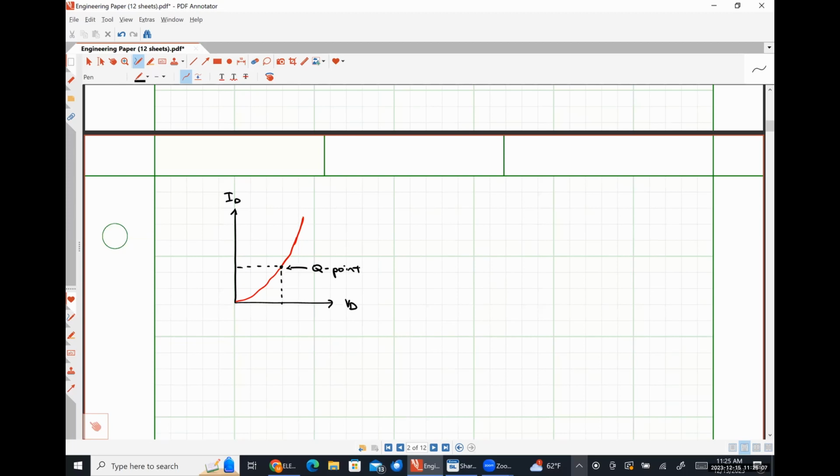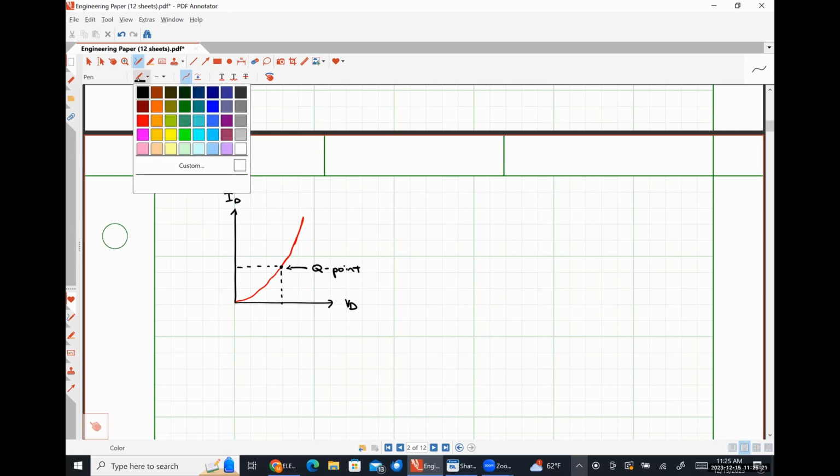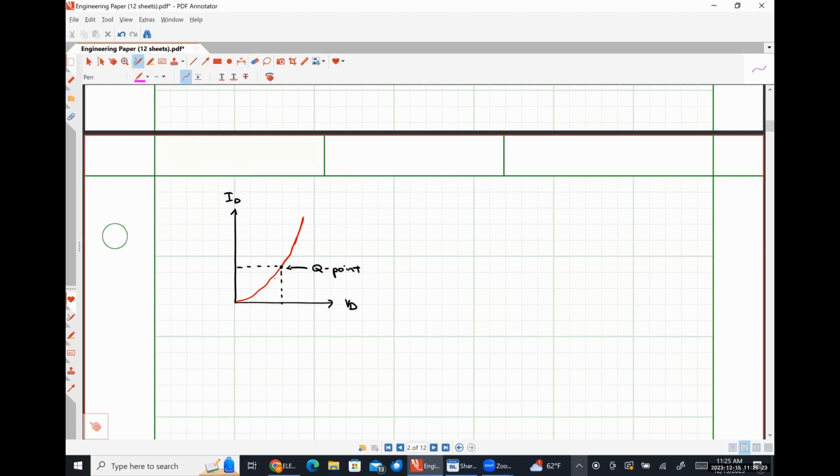And so we saw that for a small change in our diode voltage, we really got a small change in our diode current as well. So effectively, if we look at the tangent line of this curve around this operating point, it'll have a linear slope.